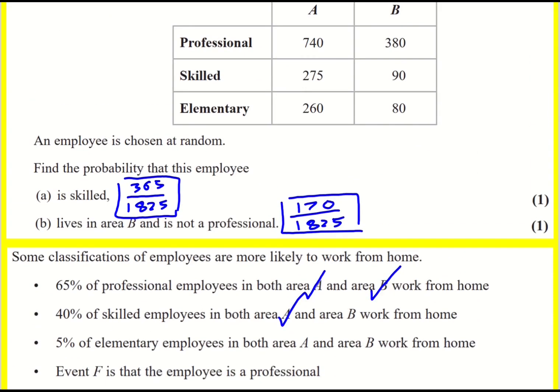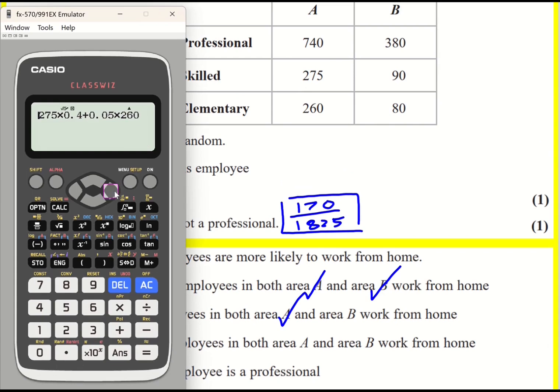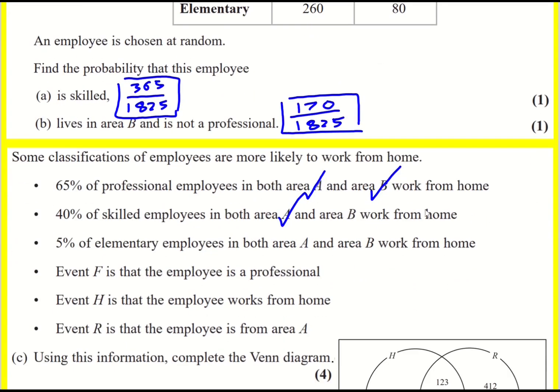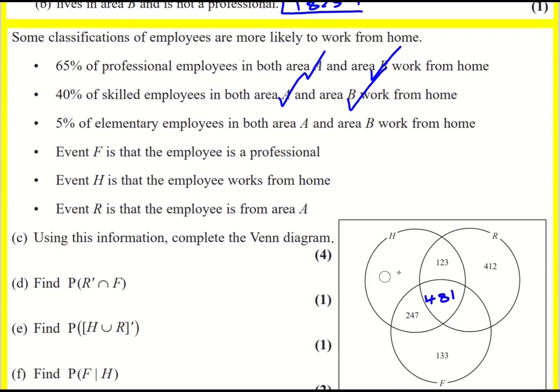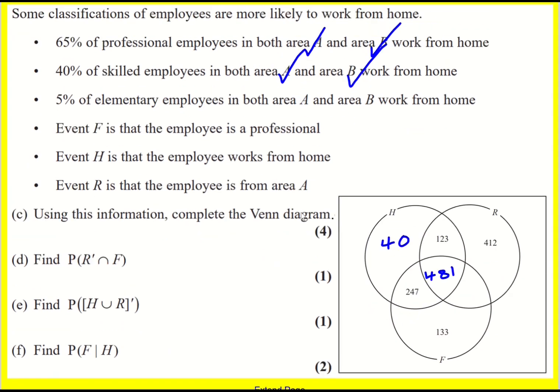So it'd be 380, 90 times 0.4, and then 0.05 times 80. And this gives 40. Goes here. Dealt with this one as well.